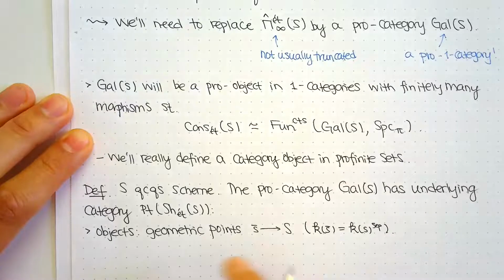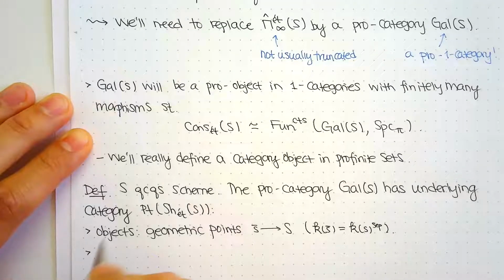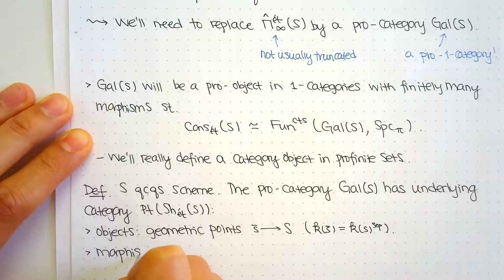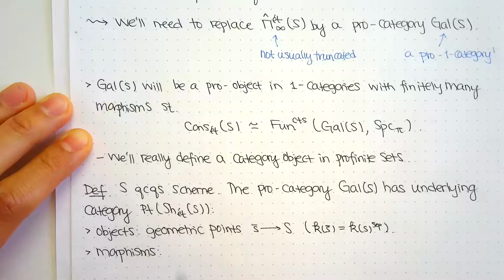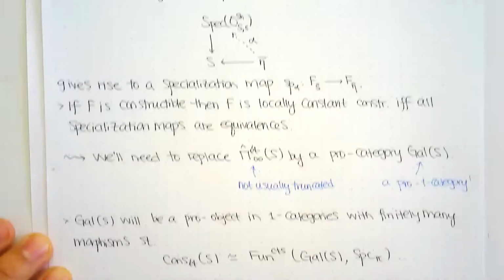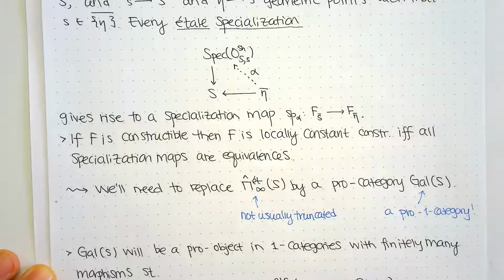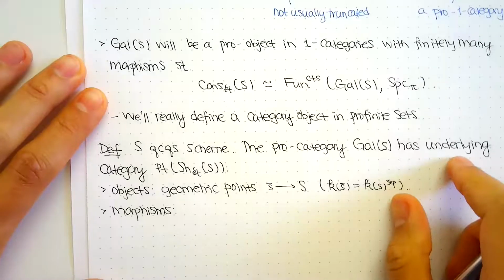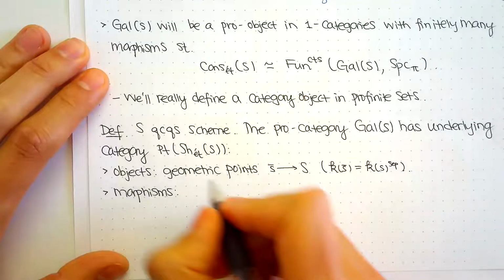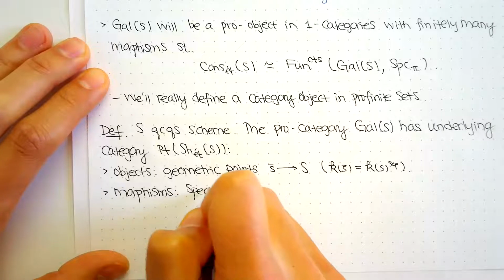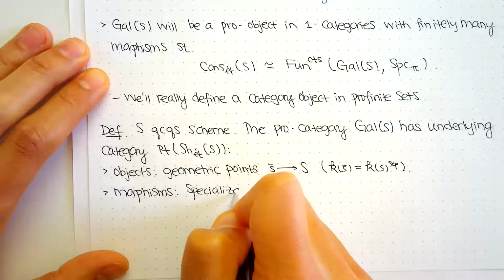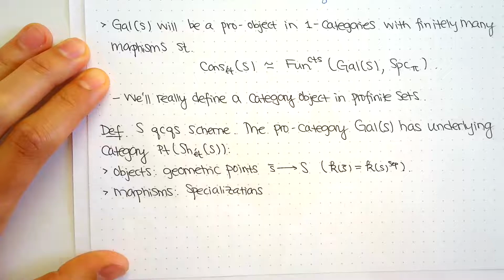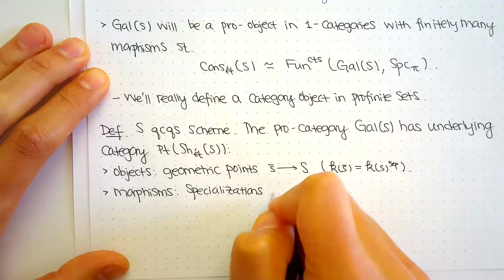And then the morphisms, well, there are a couple of ways of describing this, but I want to describe it in the same way that I described this up here, that there are these specializations in the étale topology.